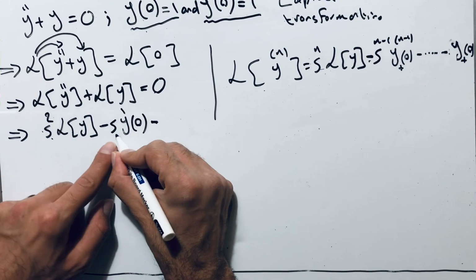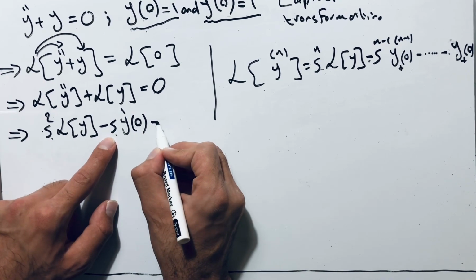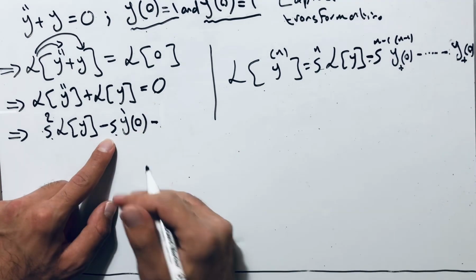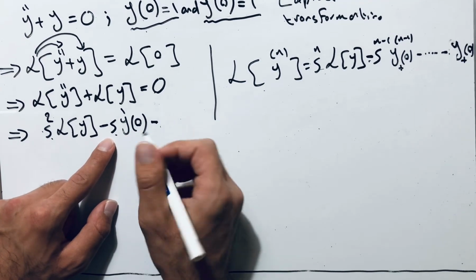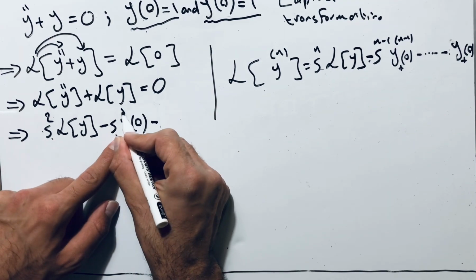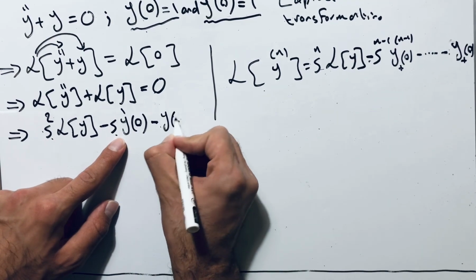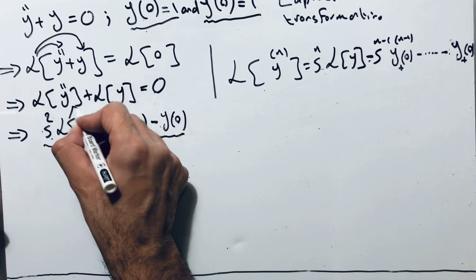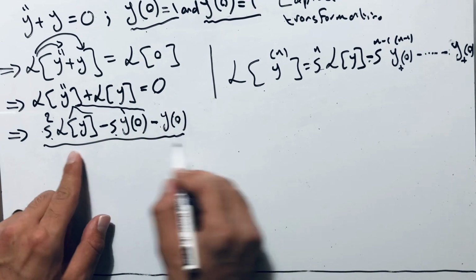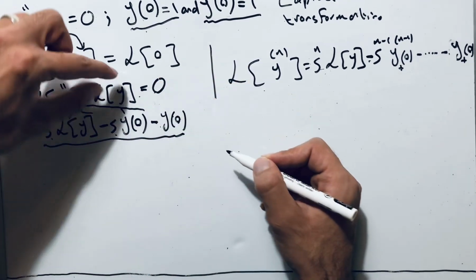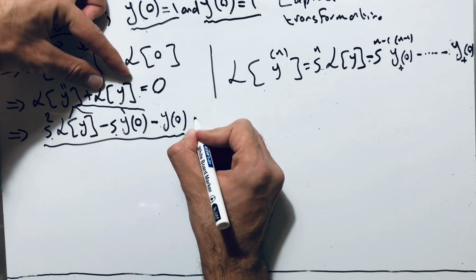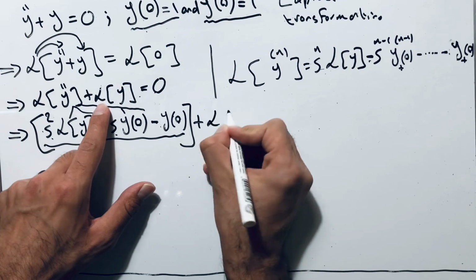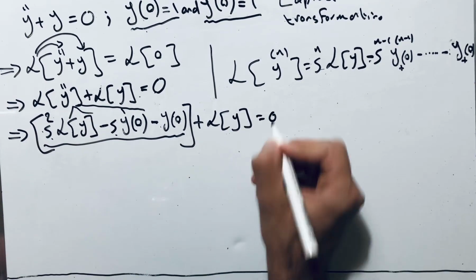And then minus one more term, where s is to the power of 0, or just 1, so you can just write 1 or nothing, times y of 0. So this all came from this one. It became 3 terms, and then you write the other term separately, so plus, in brackets, the Laplace of y, and this is all equal to 0.